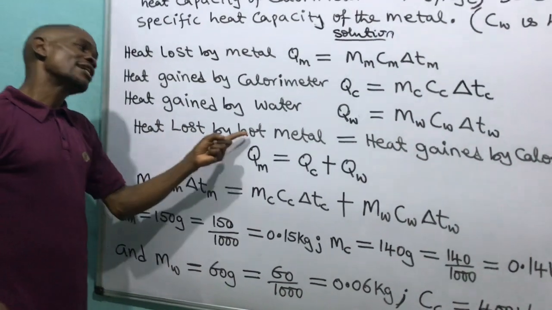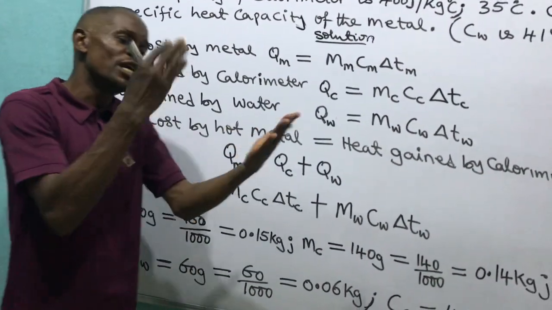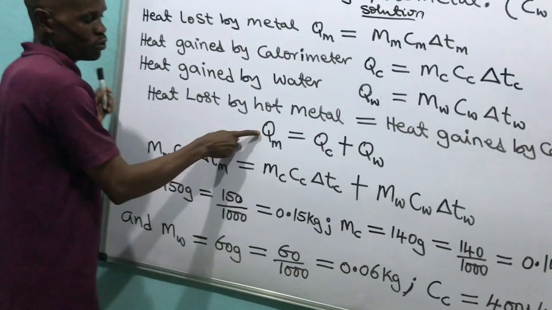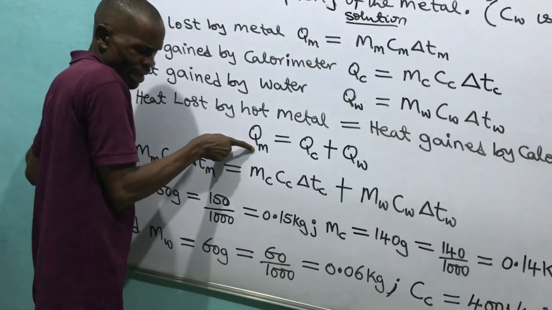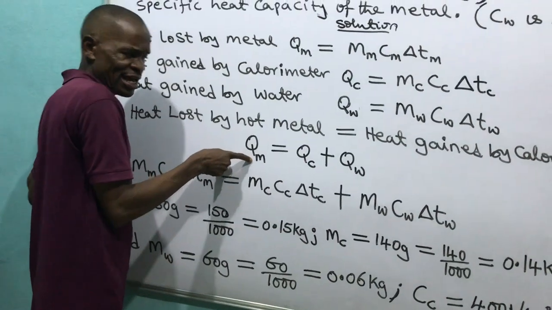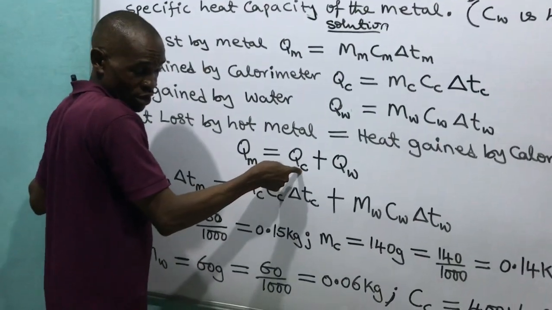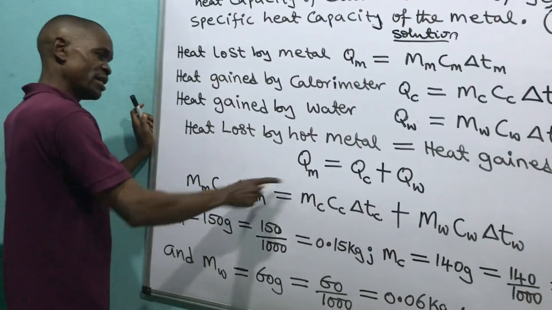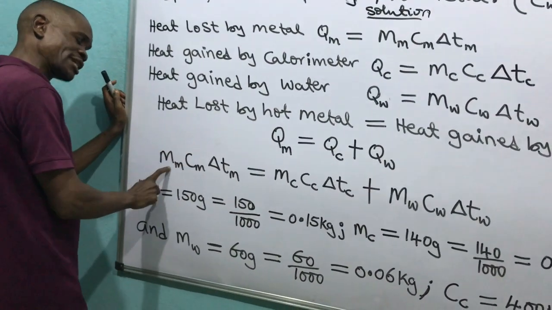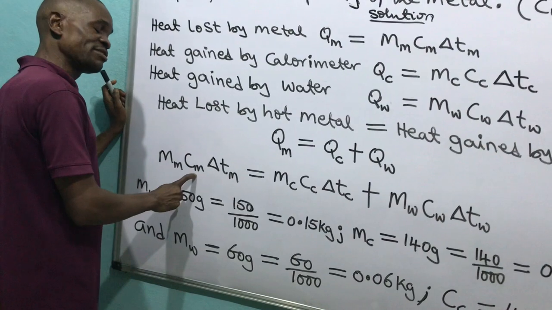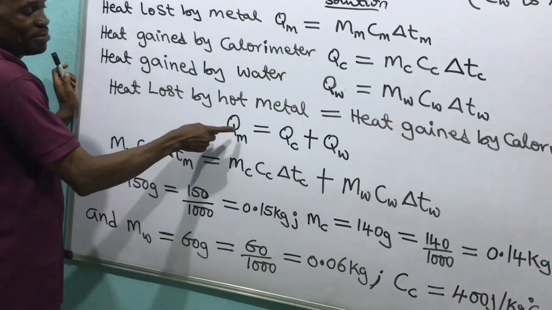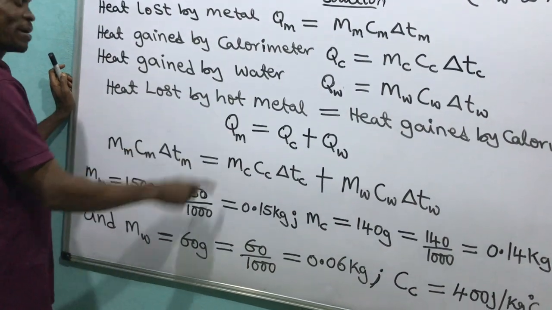Heat lost by hot metal is equal to heat gained by calorimeter and heat gained by water. And we say Qm, the heat lost by metal, is equal to heat gained by calorimeter plus heat gained by water. Then what does this mean? Removing this, I put mass of the metal times specific heat capacity of the metal times change in temperature of the metal, and that gives me the heat lost by metal.